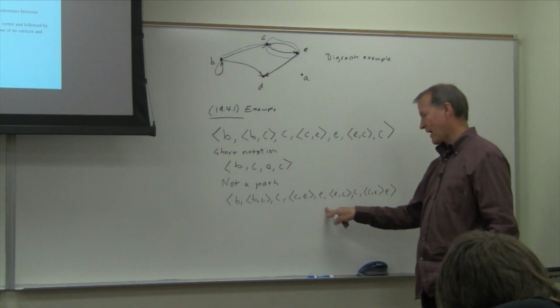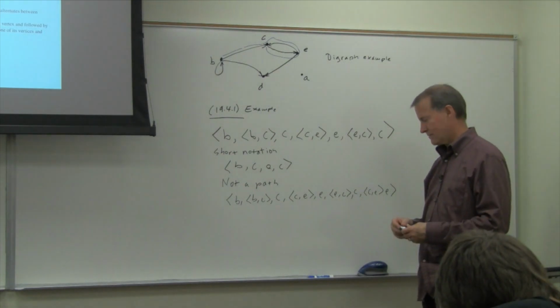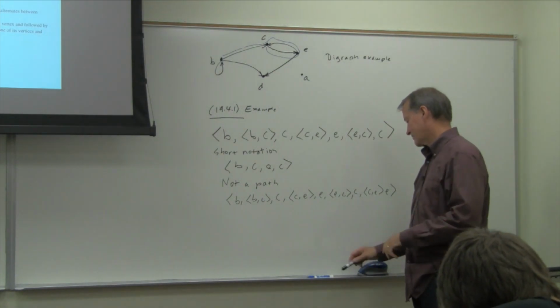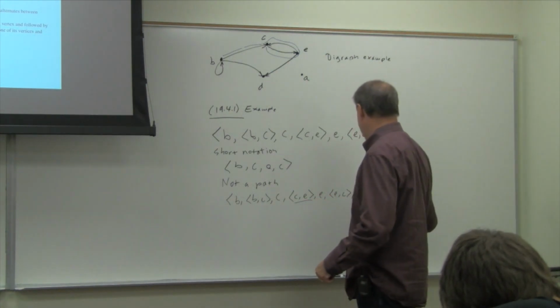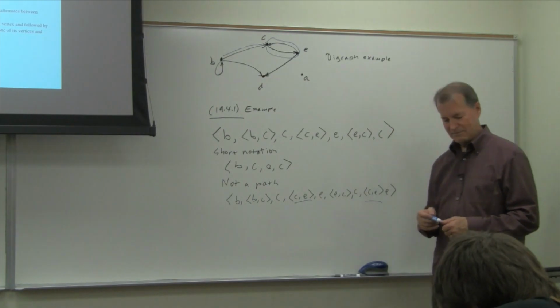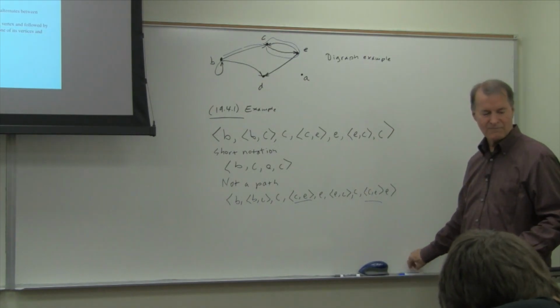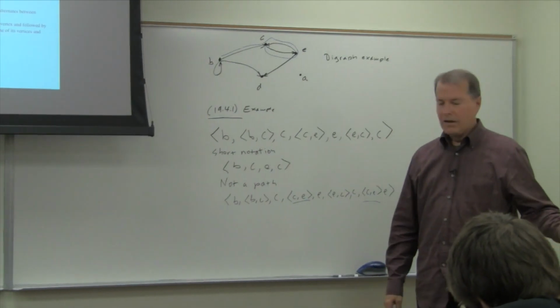This is not a path. Why is this not a path? Yeah, it would become a loop. Well, it's just not a path. That's why it's not a path. Are we good? Totally.